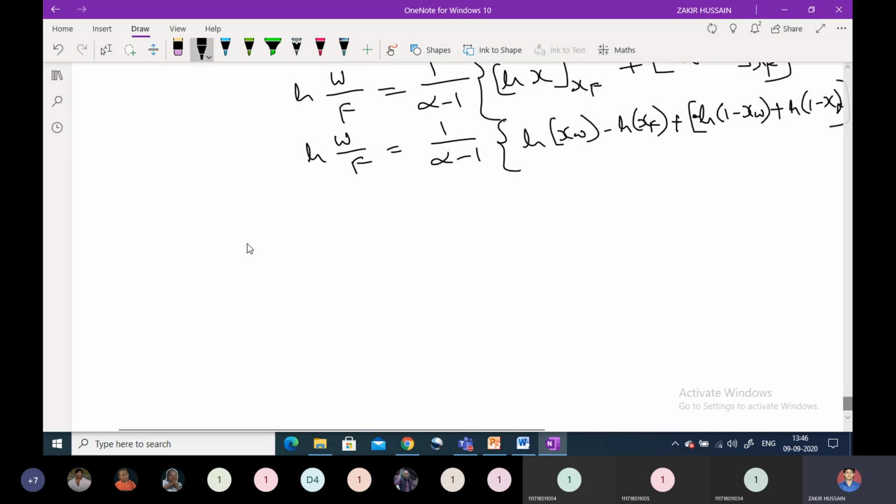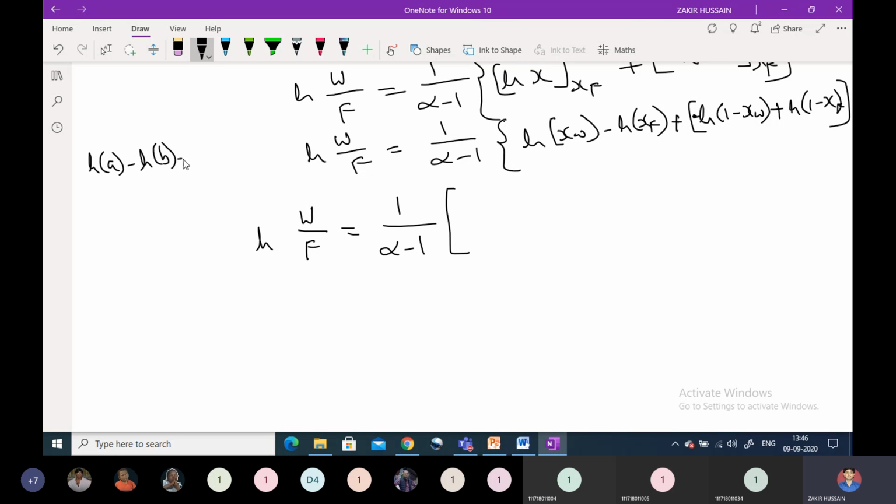So then the final equation will be ln W by F is equal to 1 by alpha minus 1. Here this is in the form of ln a minus ln b, so the solution will be ln a by b. By this formula we can write ln xw by xf. Then we can take minus common.